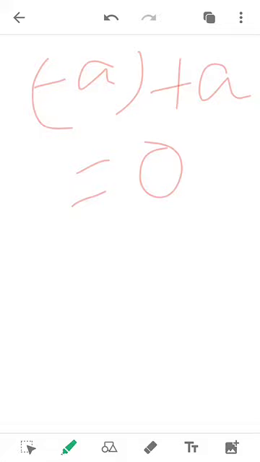Hence, existence of additive inverse holds this property of addition.